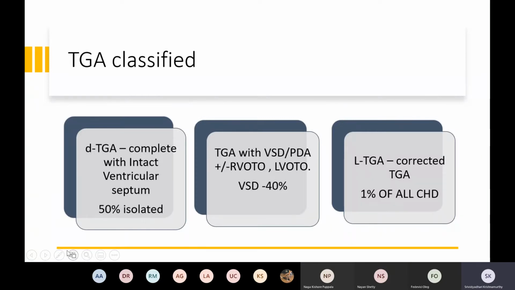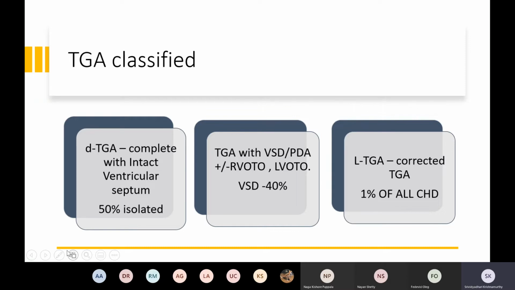And of course, the left ventricular outflow tract obstruction would include your pulmonary trunk problems, which include pulmonary stenosis and pulmonary atresia. Now, 40% of the cases of TGA are associated with VSD.